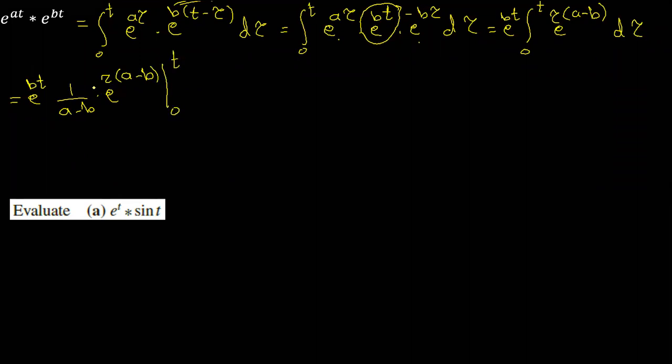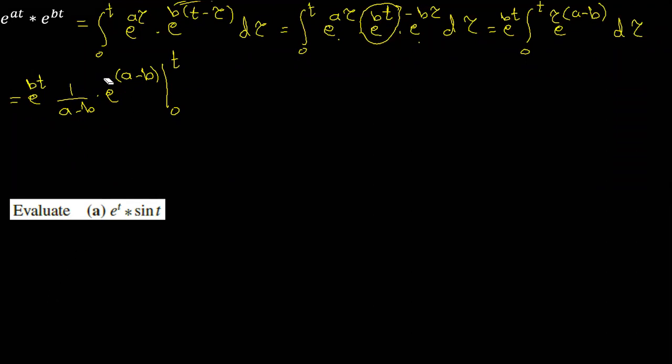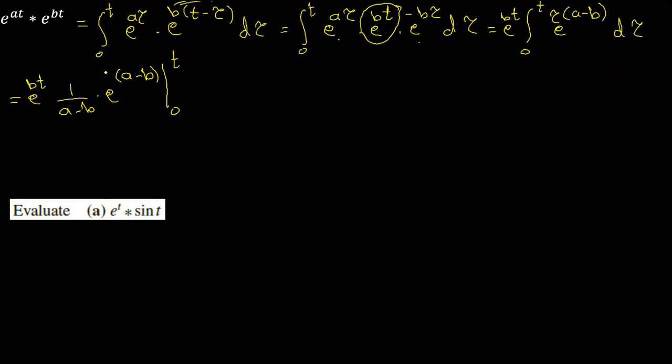This is tau. Let me write it correctly. Anyone need to say anything now? Before plugging the t and 0 instead of tau, what do you think about the denominator?